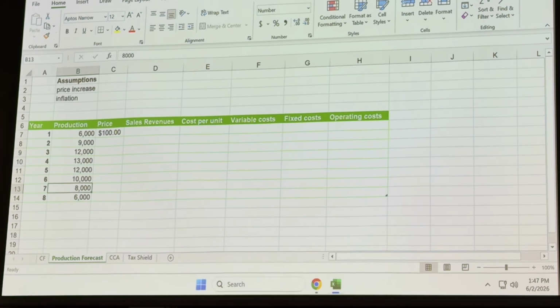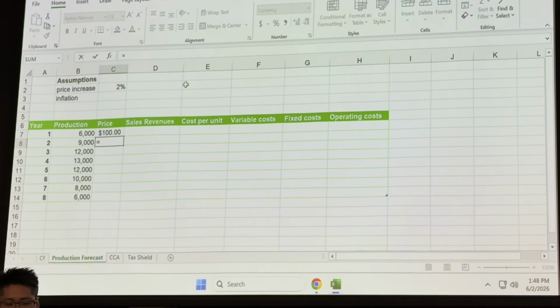Now, price, we started at $100 per piece. However, I'm lazy. I can do it by hand, adding 2% every year from year 1 to year 8. Because I'm using Excel, I'm going to set a price increase of 2%. And what you can do is use a formula: equal to the previous price times 1 plus the 2%.